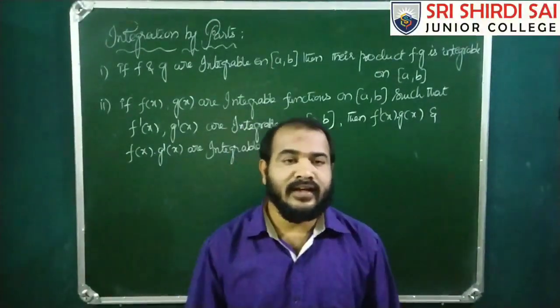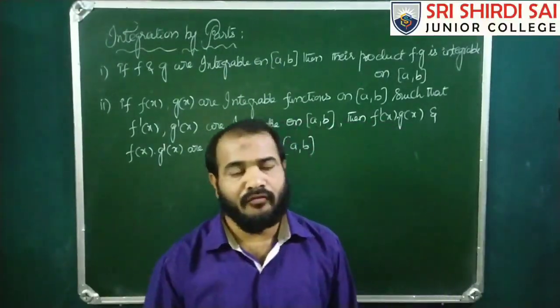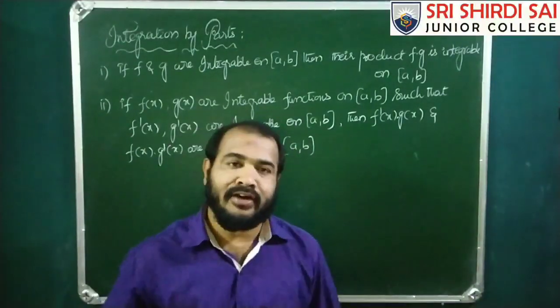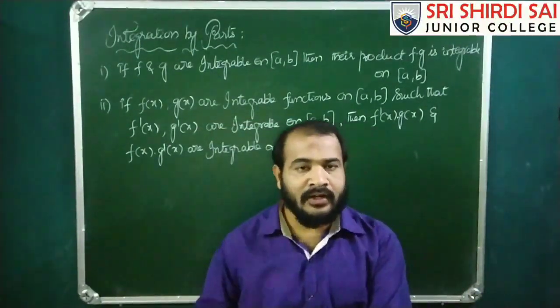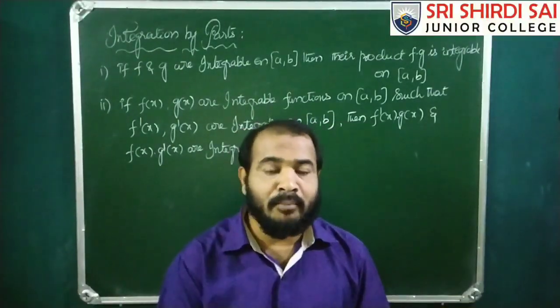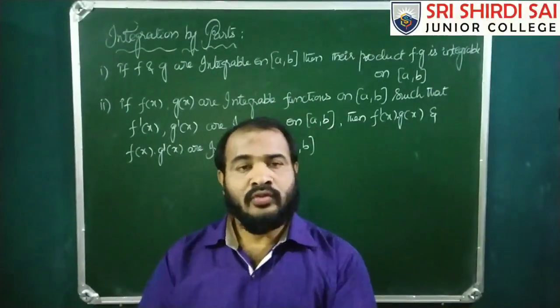Now the integration by parts. We are already familiar with integration by parts in the indefinite integrals. This method is useful when the integrand contains the product of two functions.